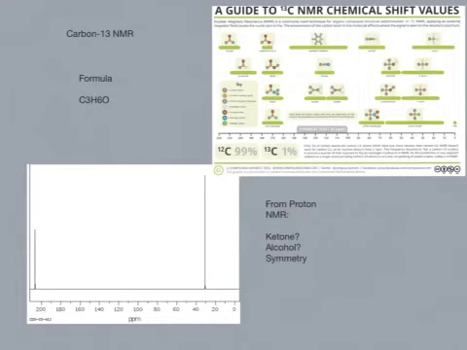More than likely, what we're going to have is something that looks similar to this. There's our oxygen. We're going to have a double bond per the ketone to our carbon, and then we're probably going to have carbons on either side to make up our C3.